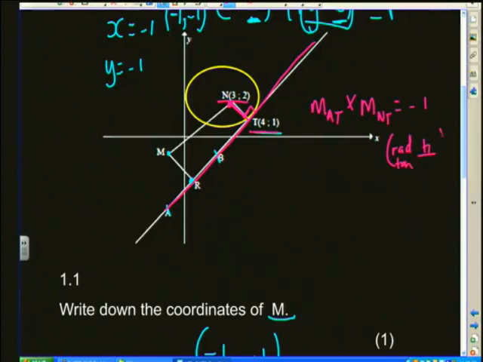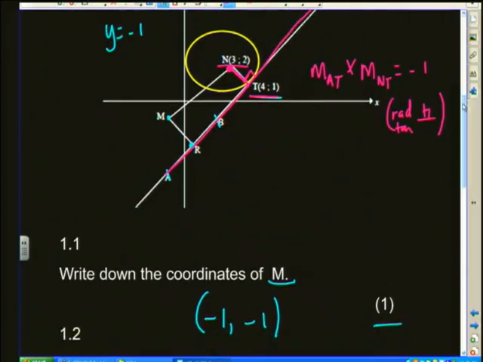So we're going to use coordinates N and T to work out the gradient of line NT, and then use that to work out the gradient of line AT. Remember, we want the equation, so we don't stop there.